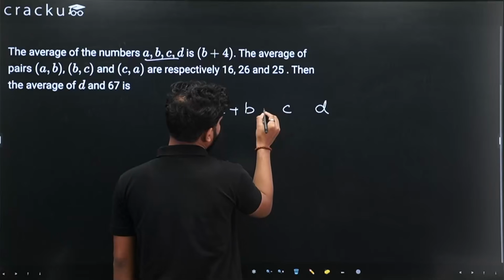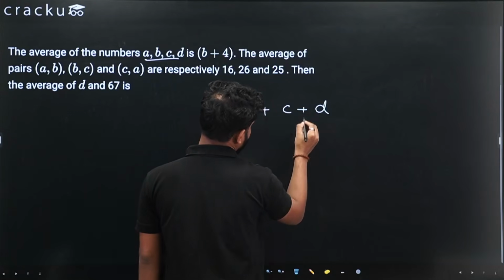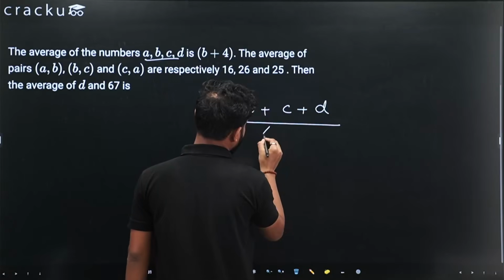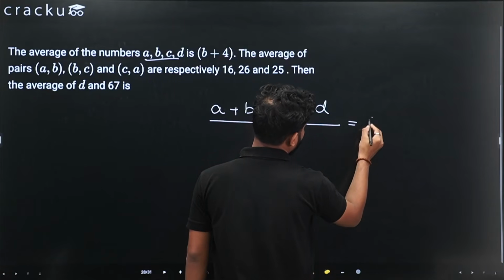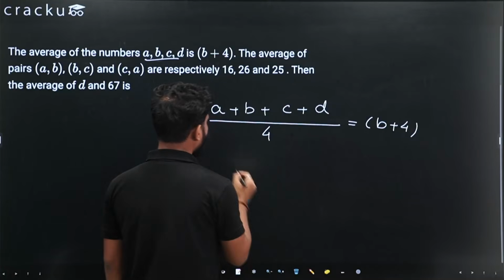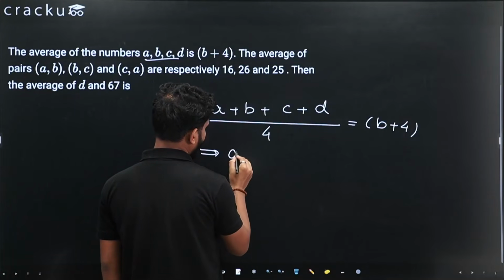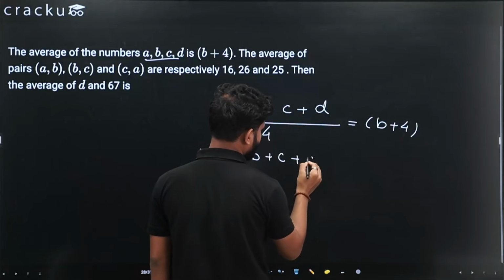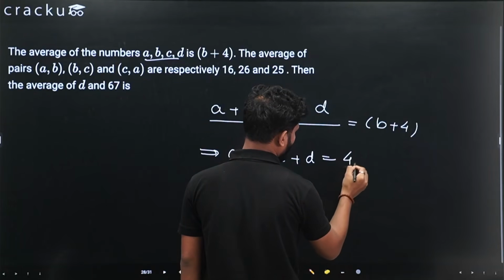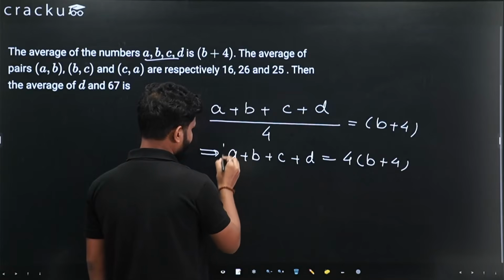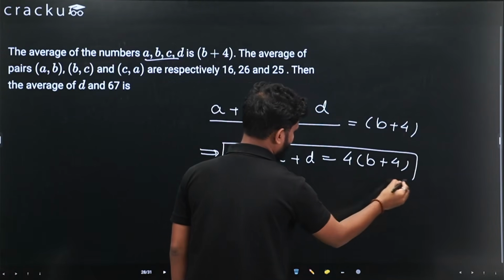So A plus B plus C plus D divided by 4 is equal to B plus 4, or A plus B plus C plus D is equal to 4 into B plus 4. This we can derive.